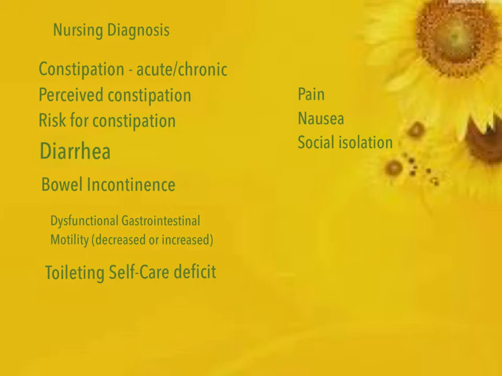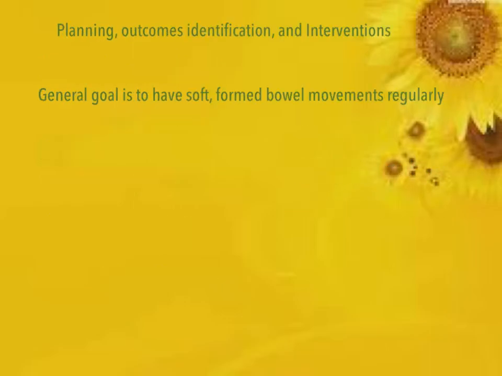Now, one more thing I'm going to throw out there is body image disturbance. And that applies even though we're not really going to talk extensively about your folks with colostomy or other bowel diversions. But people who have colostomies often do have issues with body image disturbance. And so that is something that you should be aware of.